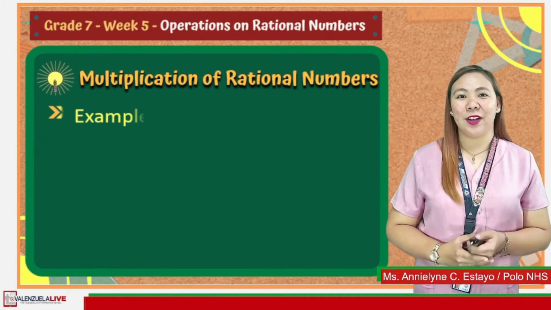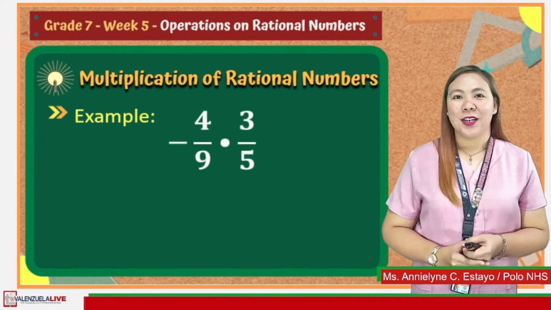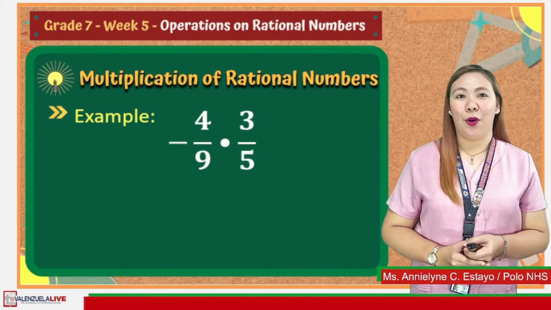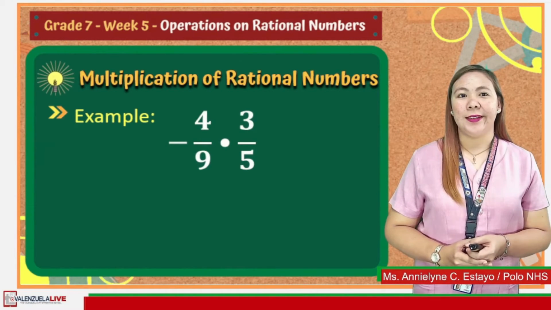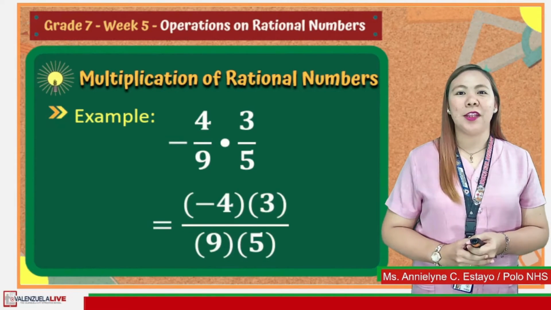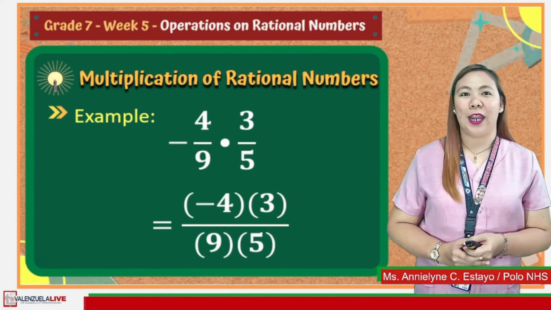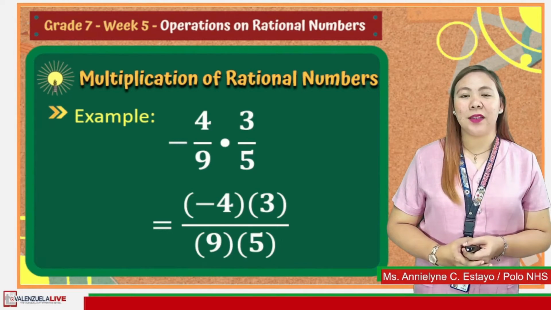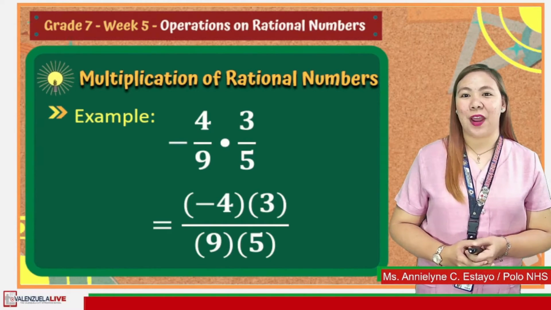Let us have another example. The product of negative 4 over 9 and 3 over 5. Multiply the numerators negative 4 and 3, then multiply the denominators 9 and 5.